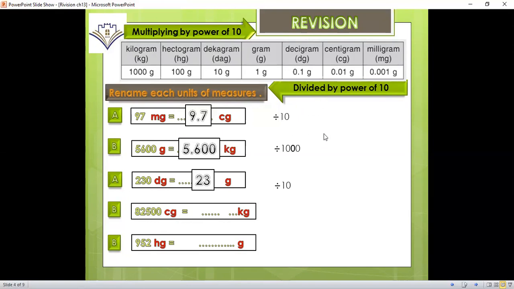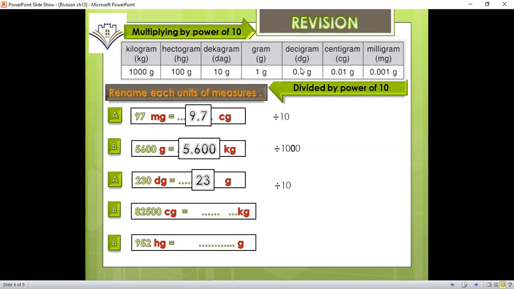82,500 centigram equals dots kilogram. From centigram to kilogram. Wow. Move how many? From centigram to kilogram: 1, 2, 3, 4, 5. Divided 10, divided 100, divided 1,000, divided 10,000, divided 100,000. How many places?